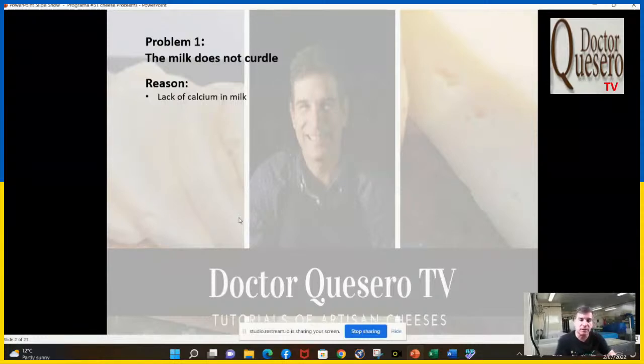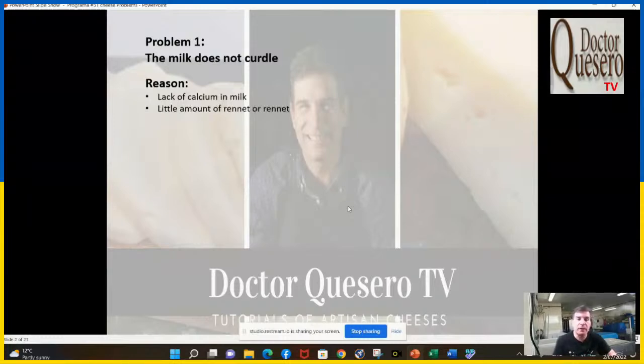This is the main reason, because when you have a lack of calcium in the milk, even though your milk is coagulated, the curd is weak, and when you break it, you get a lot of fines and therefore a lot of waste. So one of the reasons is that you have a low level of calcium in your milk.